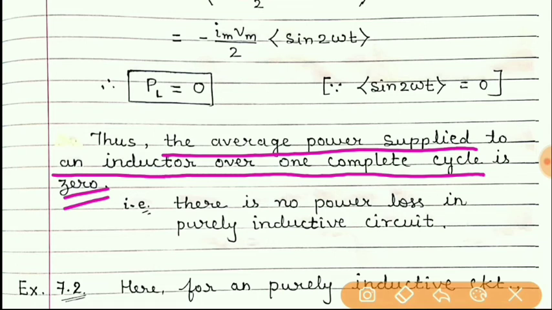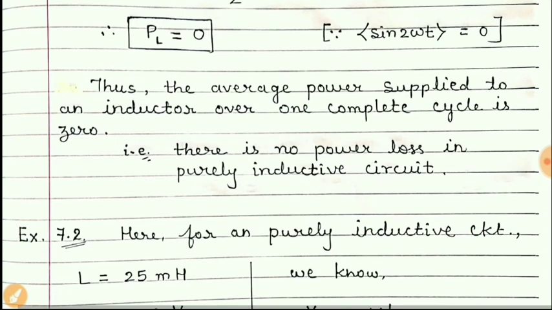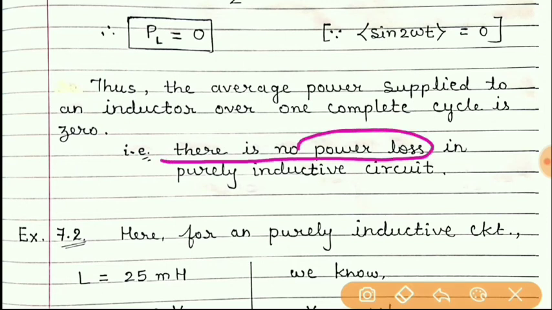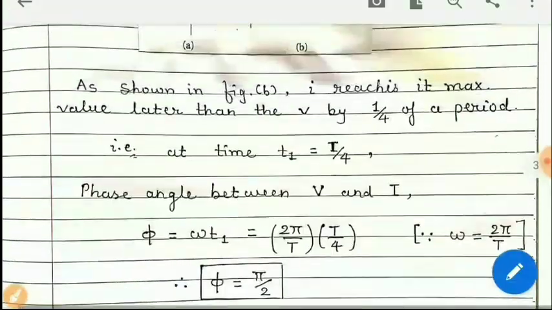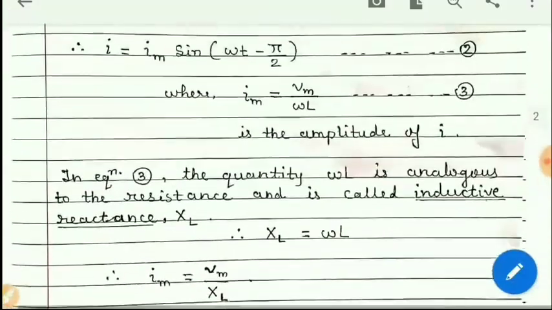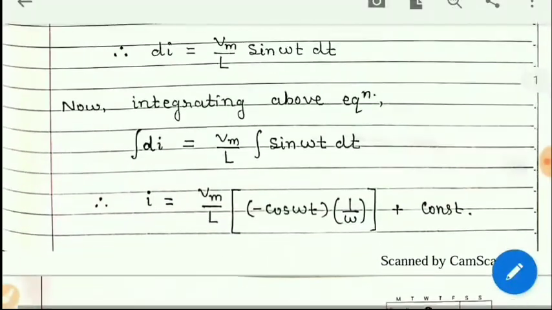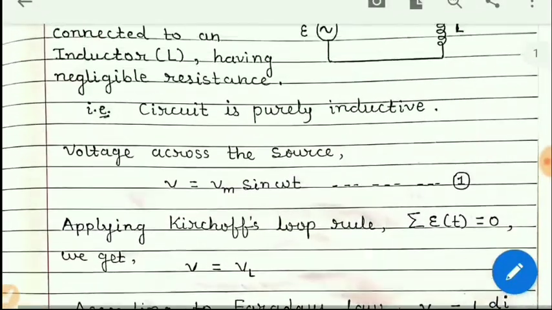And if the power is 0 in a circuit, we can say that there is no power loss in a purely inductive circuit. Power is not lost. Why is it so? It is because, students, look here in this circuit, there is no power loss.